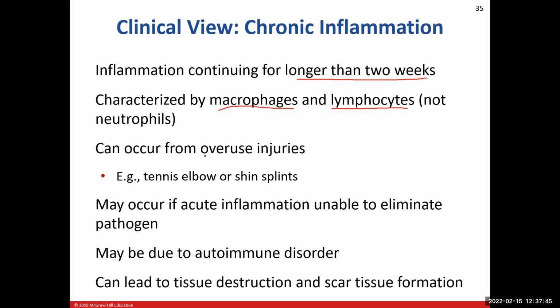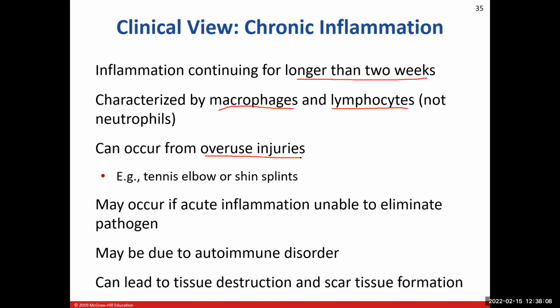We see this quite a bit with our overuse injuries. And what we need to do is shut this down. If our acute inflammation can't do that, then chronic inflammation can become problematic because we are wasting resources.